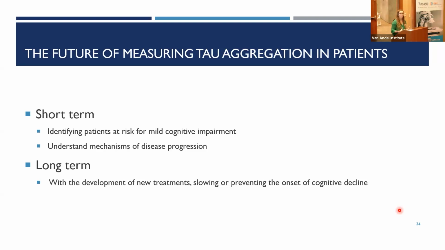But why we care so much about this is in the long term, when we continue to develop new treatments, especially in the context of dementia and tau aggregation, we could potentially slow or prevent the onset of cognitive decline in Parkinson's disease patients, right? And we also know there's an association between aggregated alpha-synuclein and aggregated tau, and they seem to work together in some cases, like I showed you with the mitochondrial dysfunction hypothesis.